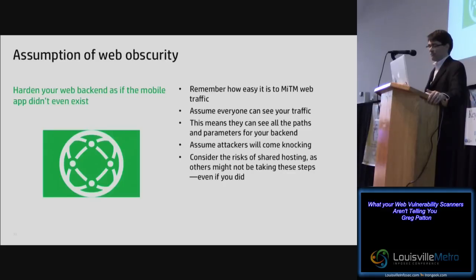The attackers will come knocking. They will find these back-end web services that you might think are obscured, or you might think are tough to discover. But in actuality, if you just monitor the traffic, they're in plain view.